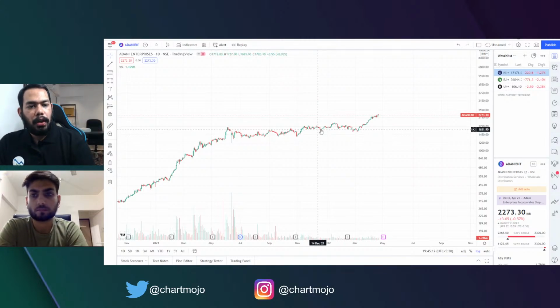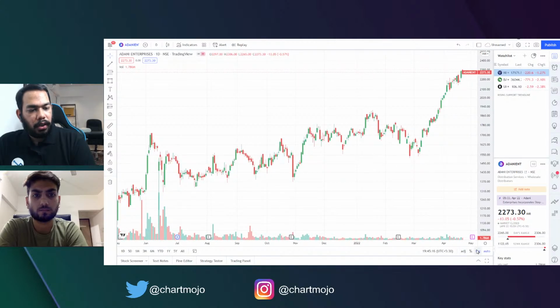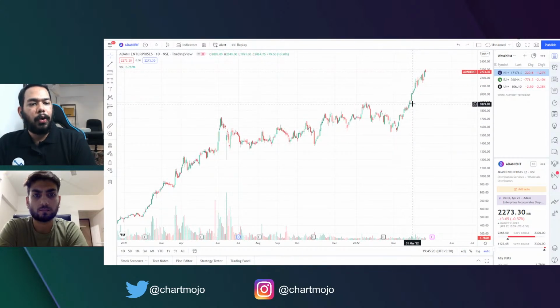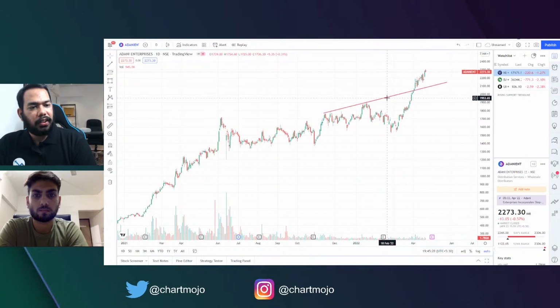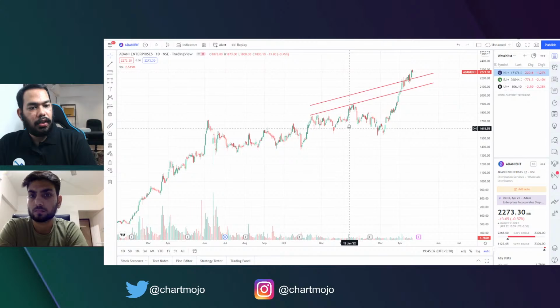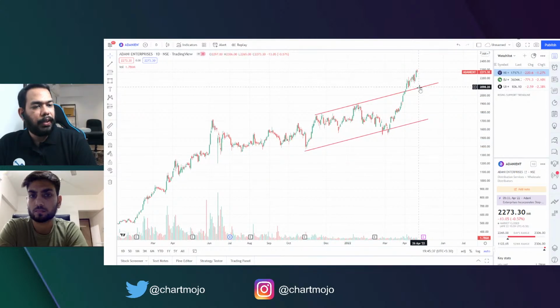Now, to take a fresh long in such a counter, you need to have your stop loss below this level. Or if someone wants a nearer stop loss, then one can take this as a channel formation and simply take this rising resistance line as an SL.